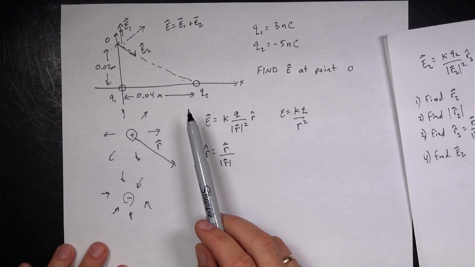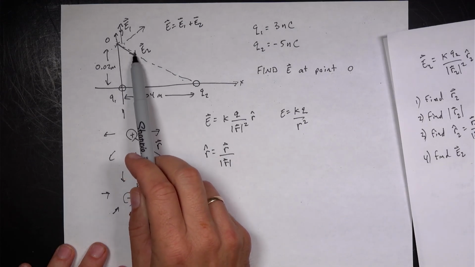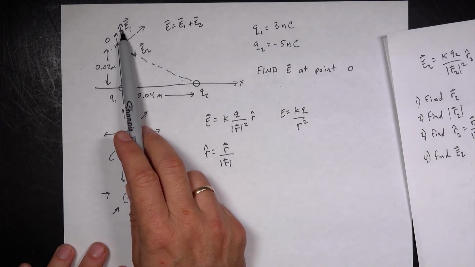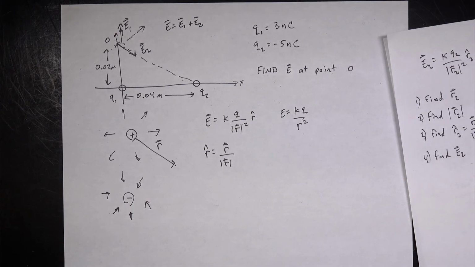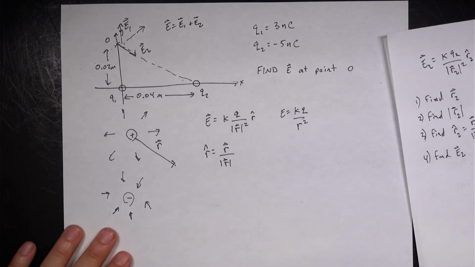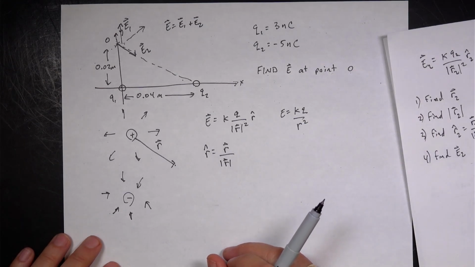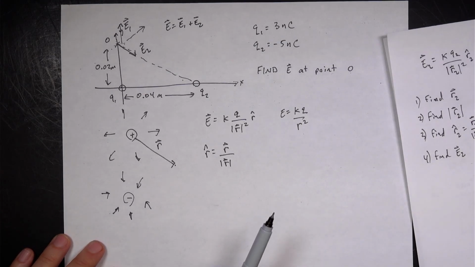And so just think back, if I just used this equation, once I found the magnitude of E1 and E2, how would you add them together? You wouldn't know if you don't know the directions. And so that's what makes it really difficult. But this is the way you'd want to do it. And it doesn't matter if there's 2 charges or 3 charges or 10 charges, you'd use the same idea. Okay, I hope that helps.